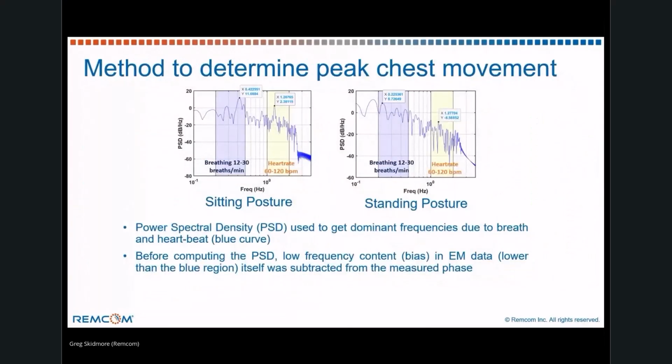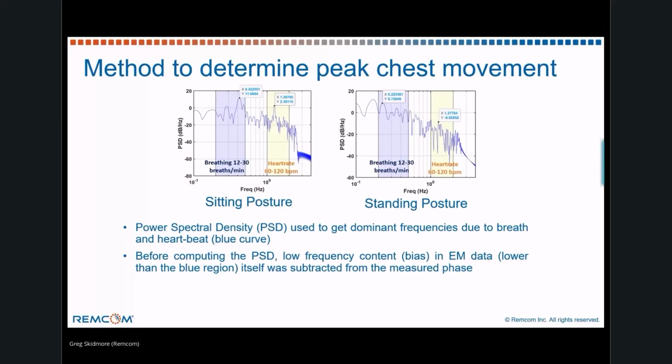So, back to the breathing. From the measurements, we have this data, and we use these measurements to inform our simulated model. One way that we did that is we were able to estimate the displacement due to the breathing for the specific subject using the power spectral density.